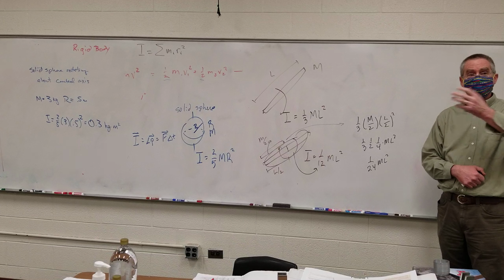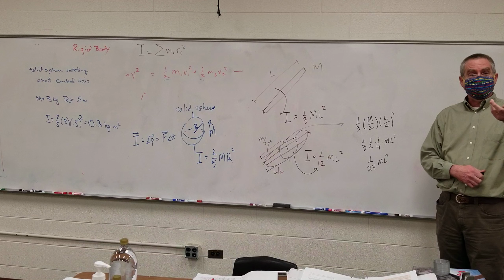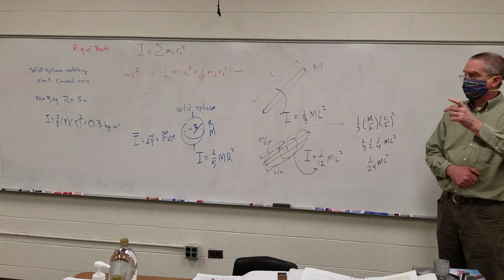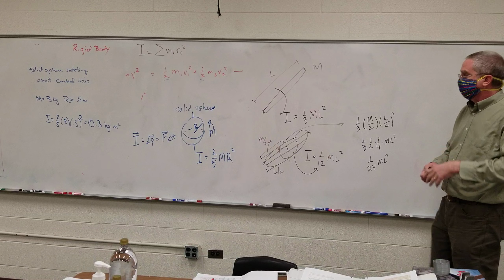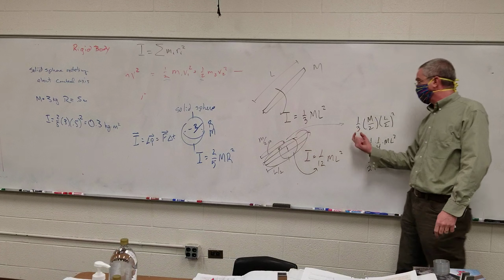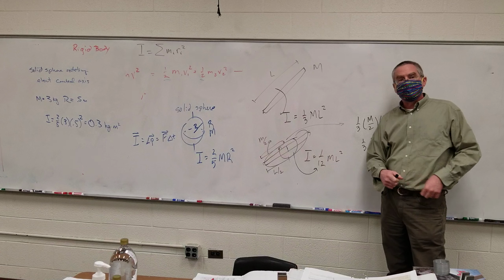The fraction depends upon the shape and where the axis of rotation is. So for example, here it's the same shape, but a different axis of rotation, and therefore the fraction is different: 1/3, 1/12.